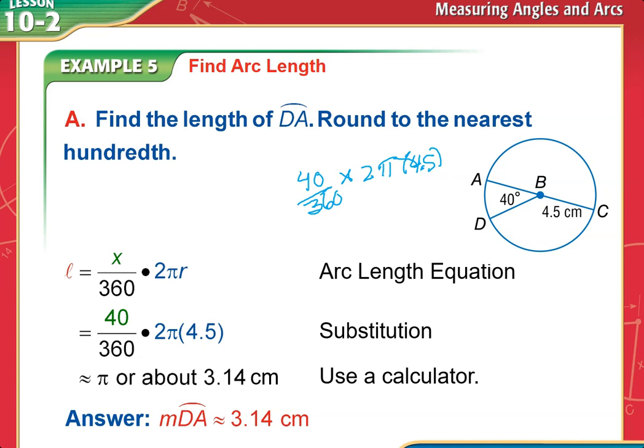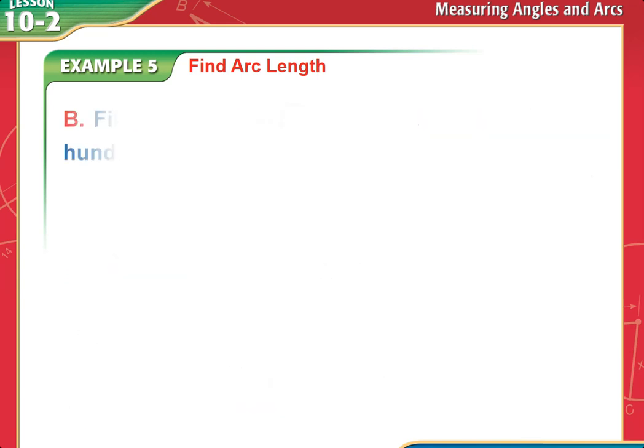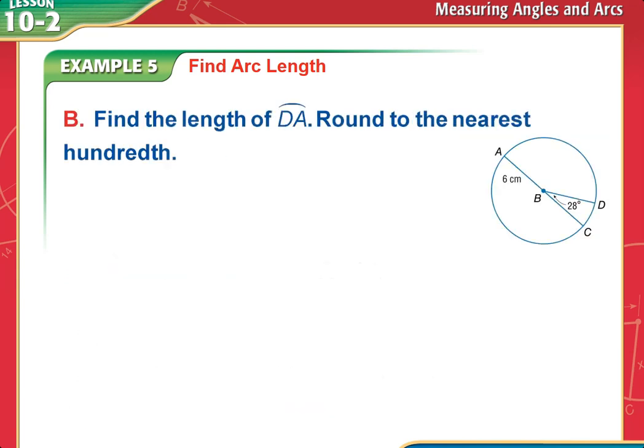Okay, so we're going to find the length of DA. Now, that's a semicircle from A to C. Therefore, DA does have a measure of 62 degrees.